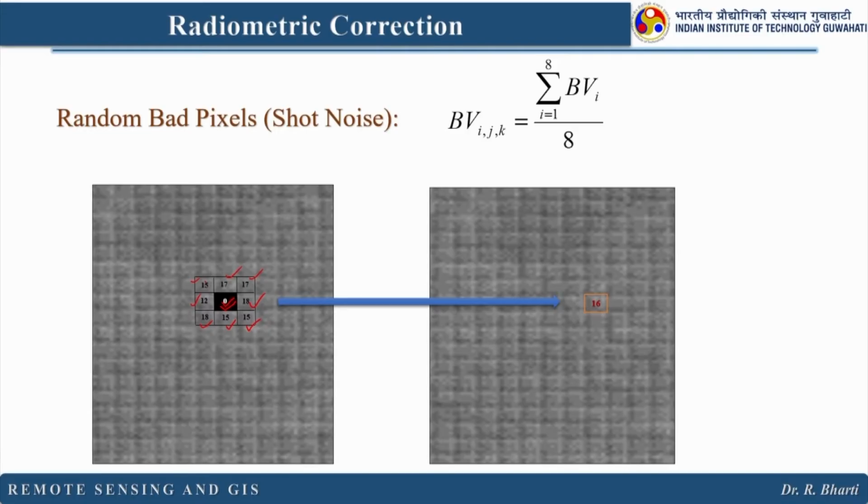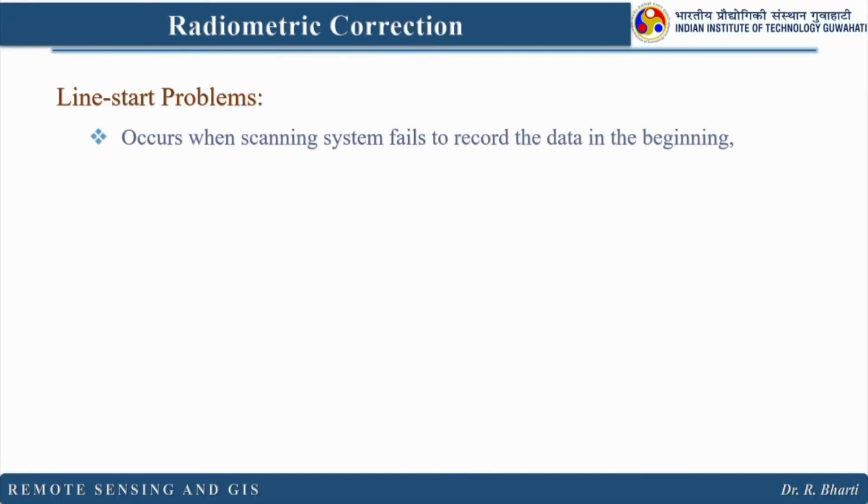This is very simple. The only thing is you have to remember that whenever you are using a remotely sensed image, you have to take care of all the errors, and only then can it be used for your qualitative and quantitative analysis. So, next is the line start problem. In line start problems, the name itself indicates what is happening with the image, right.